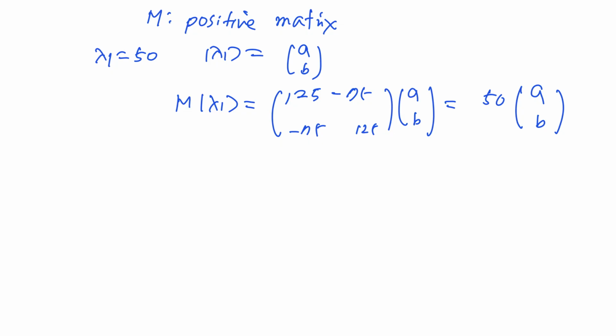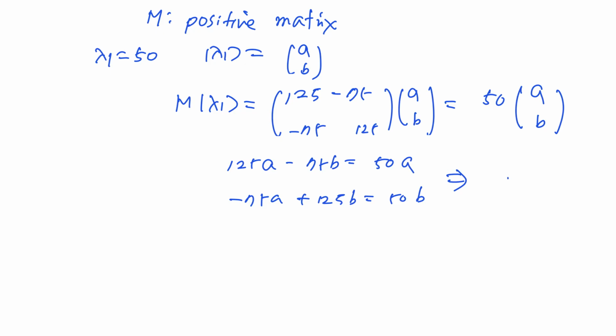So we can just solve this equation. 125A minus 75B equals 50A. So that means A equals B, right? The second term is the same as before: -75A plus 125B is 50B. So from this we have A equal to B, right?